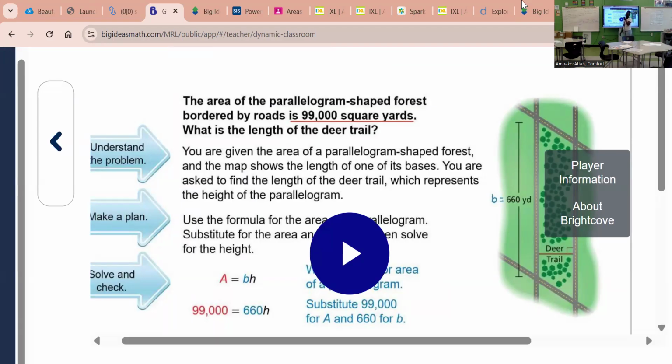So how do you find the length? Put out the formula: area equals base times height. Area has been given as 99,000. Base is 660. You don't know the height. So do your substitution and do your mathematical thing, and that should give you the final answer.